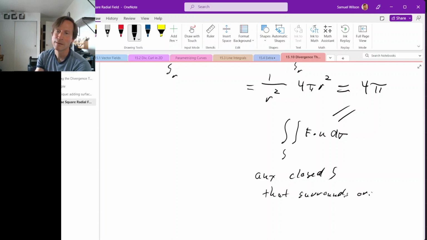So this inverse square vector field, when you integrate it over a closed surface, you get either 0 if your surface does not enclose the origin, or 4 pi if it does enclose the origin.